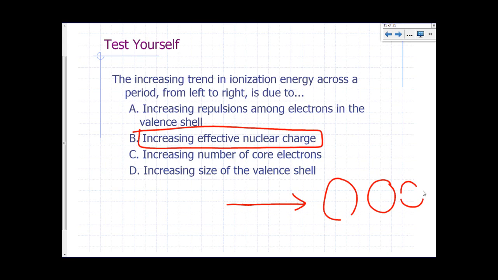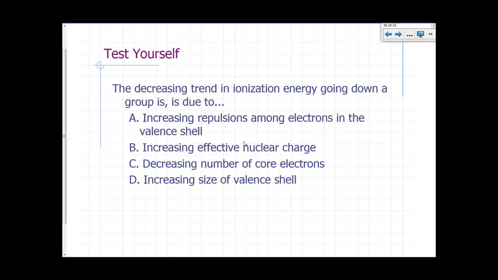You'll have more electrons in the valence shell, more protons in the nucleus, but you'll have a greater increase in the attractions towards the nucleus as opposed to repulsions from the other electrons. The decreasing trend in ionization energy going down a group is primarily due to increasing size of the valence shell.